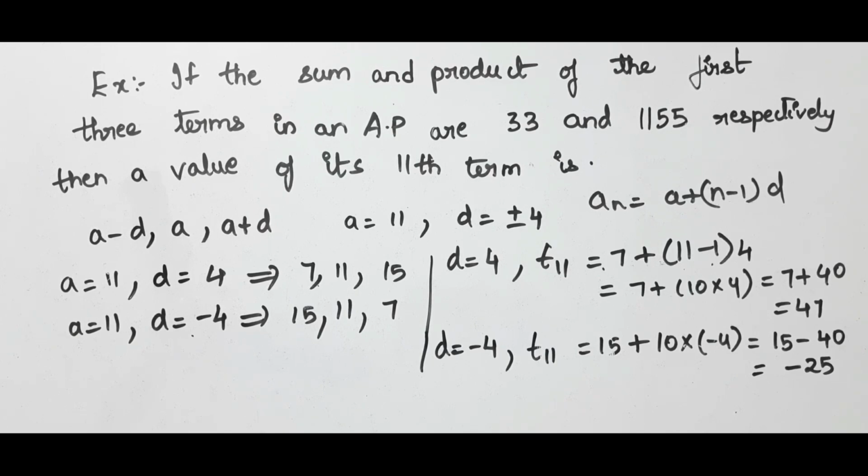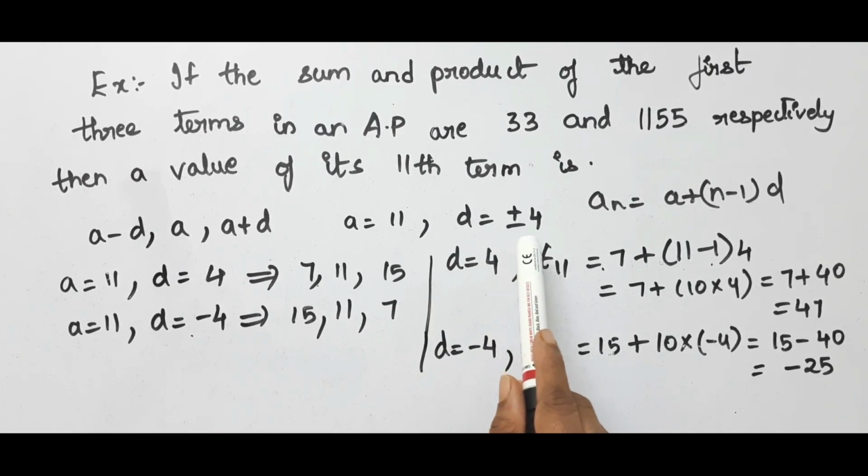Once you get the value of A and the common difference, if you get the D value as plus or minus, you will get two different progressions, that is, one with the positive common difference and the other with the negative common difference. If you get the common difference as only positive or only negative, then you will get only the progression related to that common difference.